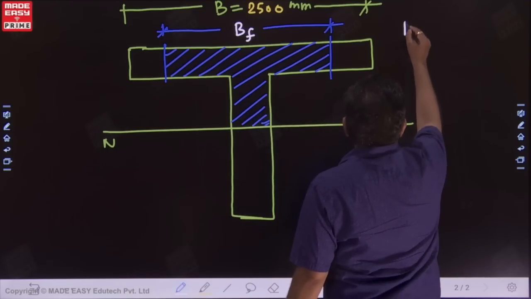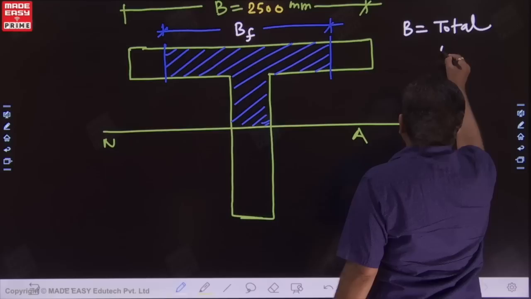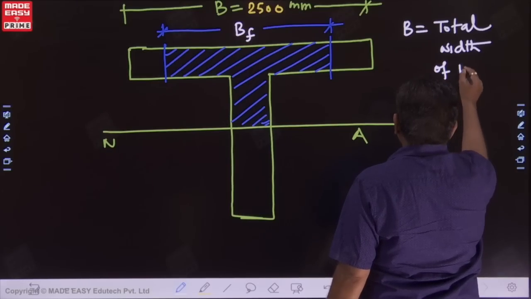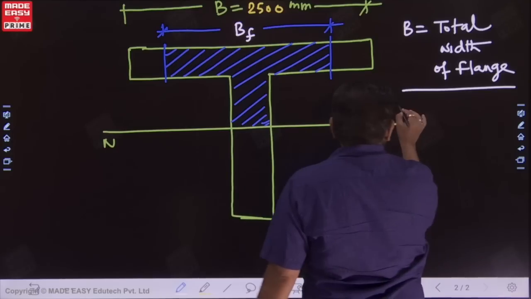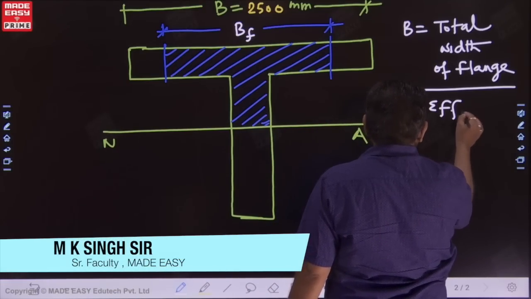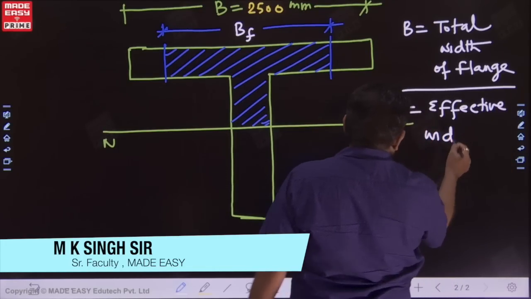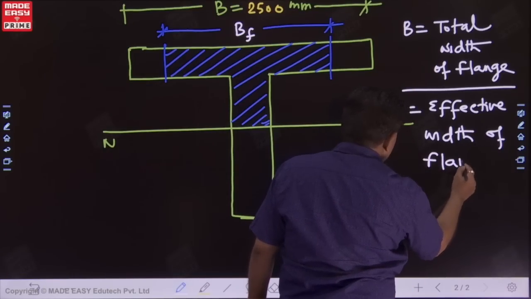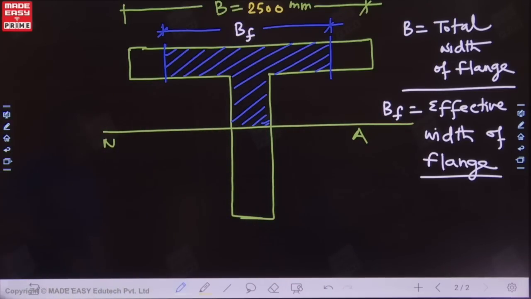B is the total width of flange, whereas b effective, bf, is the effective width of flange. And we have to consider only this value, b effective, in analysis.